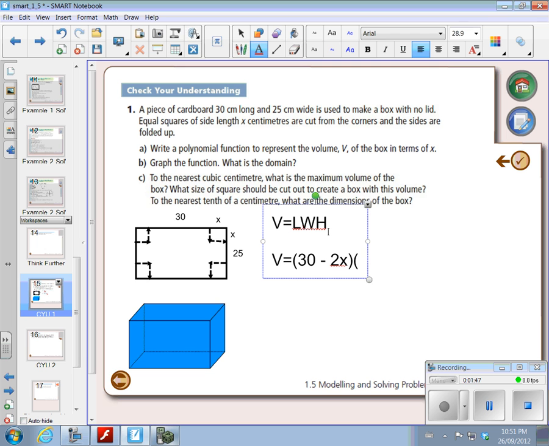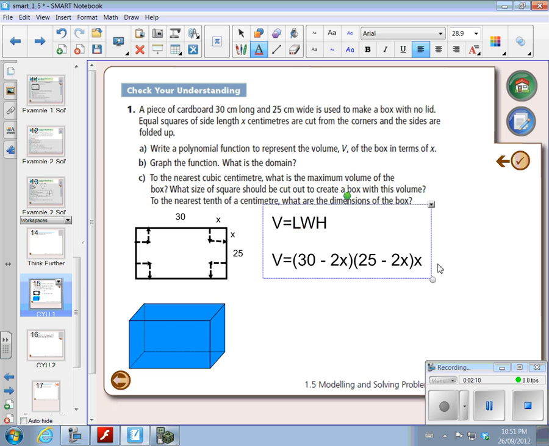The width, which was 25, is lessened also by 2 times whatever x is. And the height, well, if you fold these flaps up in these corners, the height on the side here will be x. So I've written a polynomial function to represent the volume of the box in factored form.